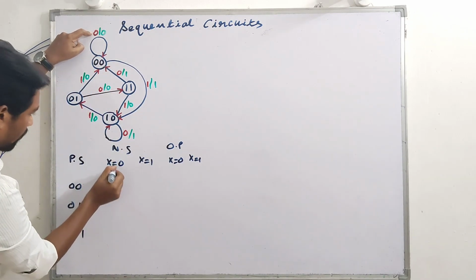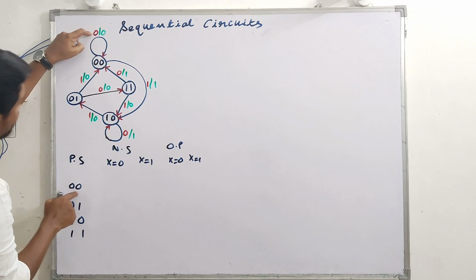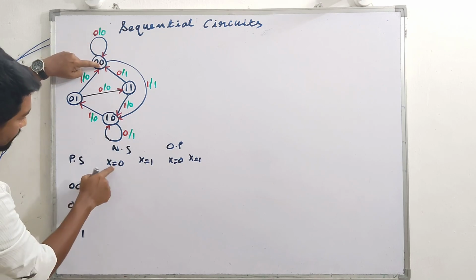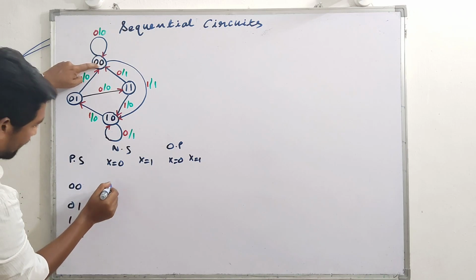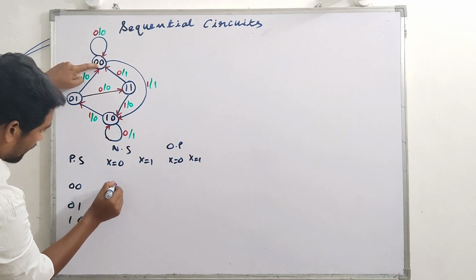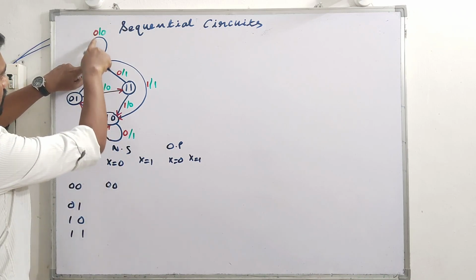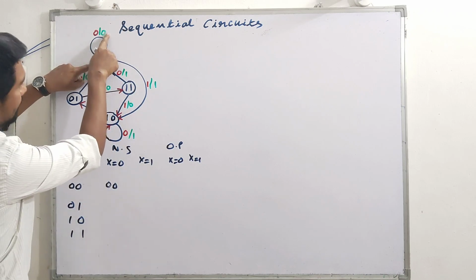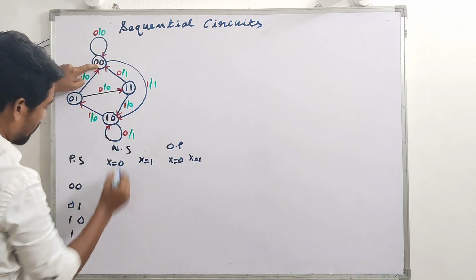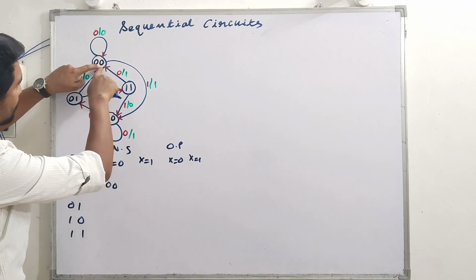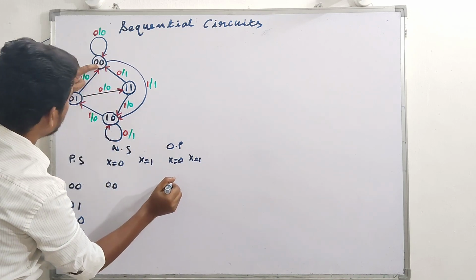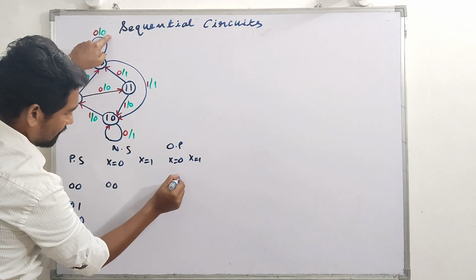So we need to plug in, for the present state 00 with input x equal to 0, the next state is also the same, 00, and the corresponding output, as in the green color, is what it says after the slash, a 0.